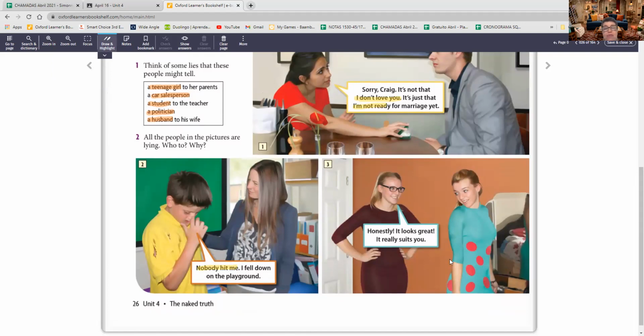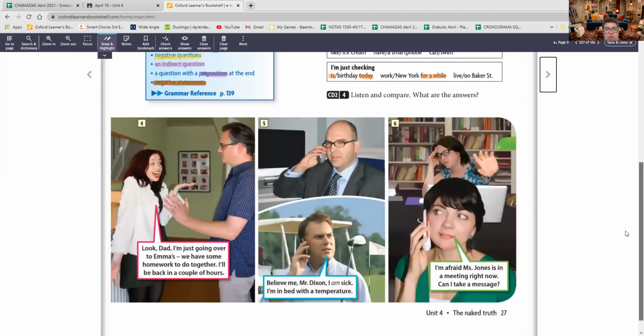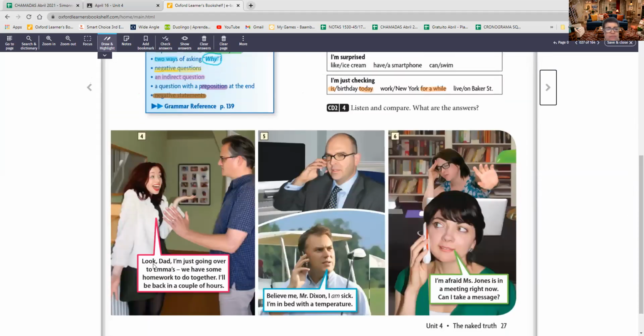Here we have affirmative statements, but this is very, very wrong. She's telling a lie, a big lie. Look at these ones here, number 4. Look, Dad, I'm just going over to Emma's. We have some homework to do together. I'll be back in a couple of hours.